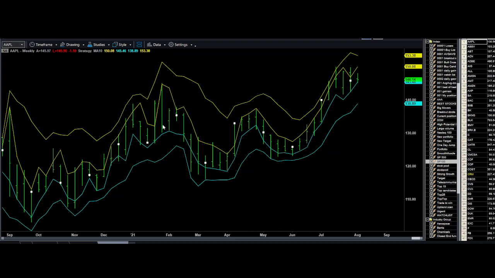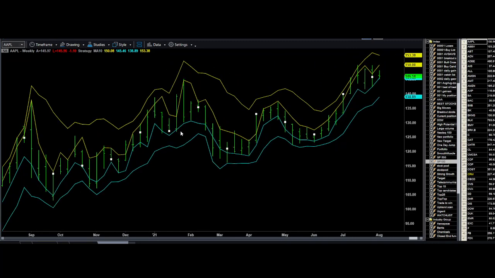For this point, the minimum value is 130.15 on the right scale, and this value is 144.49, and this is 130.24. That's about a $14 change in one week.